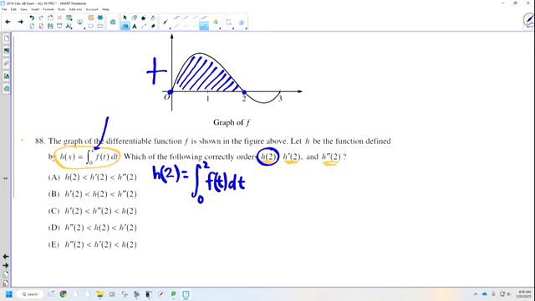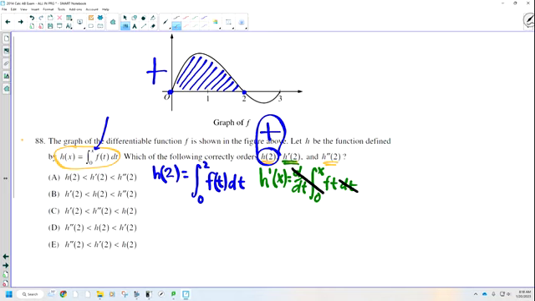Let's take h prime of 2. We'll do that in green. If I need to find the derivative of h, I need to take the derivative of h, which is the integral from 0 to x of f of t dt. Whenever I take the derivative of an integral, these cancel, and bye-bye goes that dummy variable, and my x goes in here. So really, the derivative of h is just f of x.